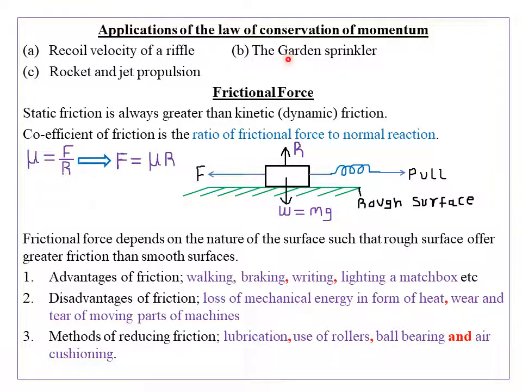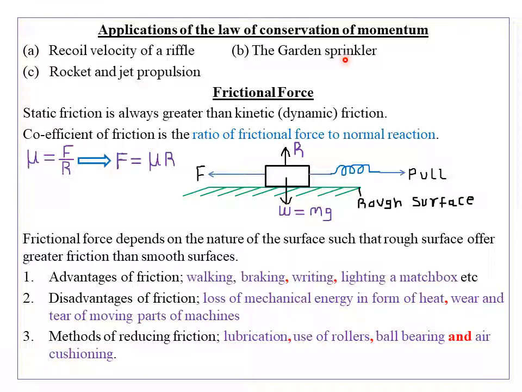The second application is in the garden sprinkler, or what we call the water sprinklers. In the garden sprinklers, as the water jets forward, the arms and the nozzles recede backwards and the rotation is maintained.